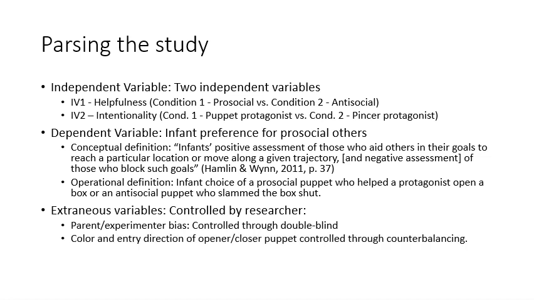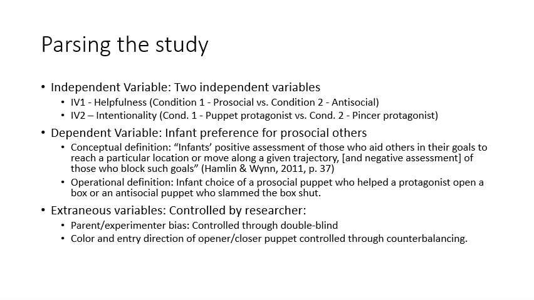Then they controlled the color and entry direction of the opener-closer puppet through counterbalancing, meaning that sometimes the helper was orange and at opposite times, alternating, the helper puppet was gray. Likewise, half the time the helper puppet entered from the right and half the time from the left.